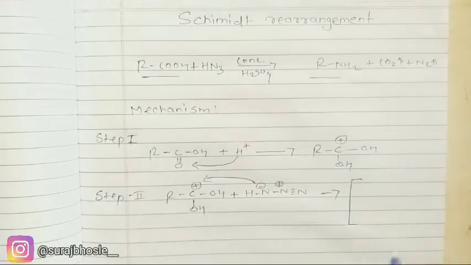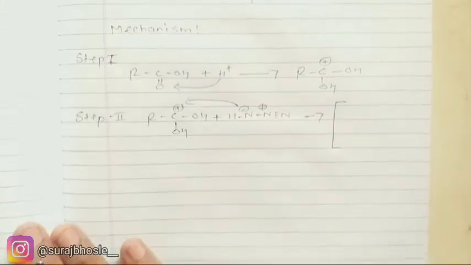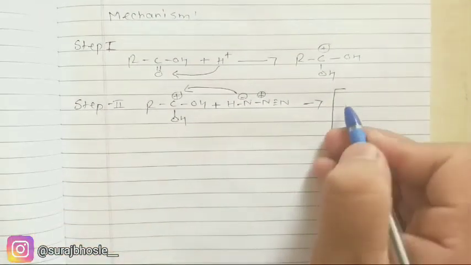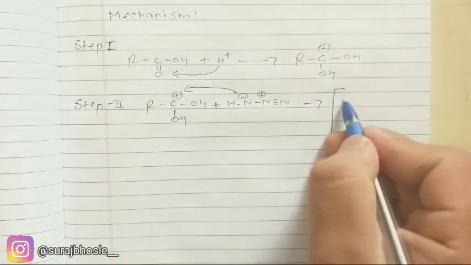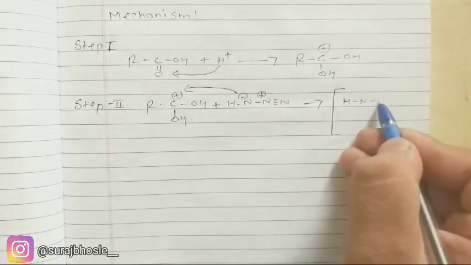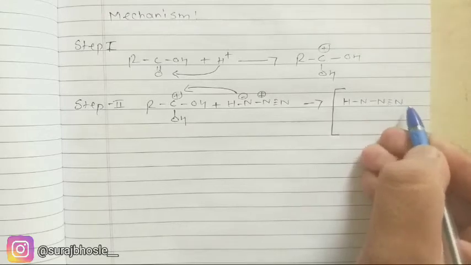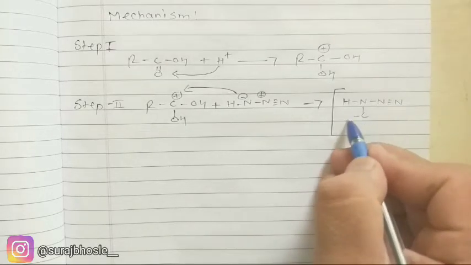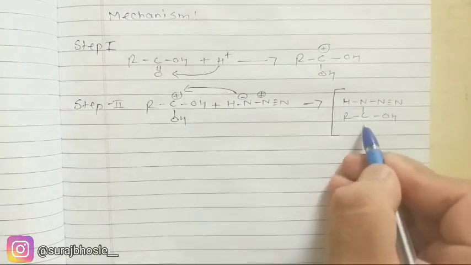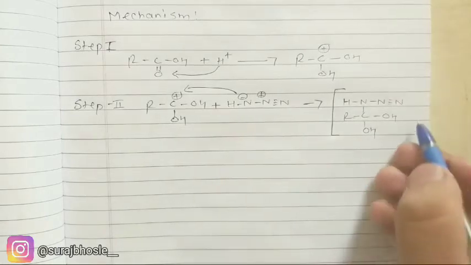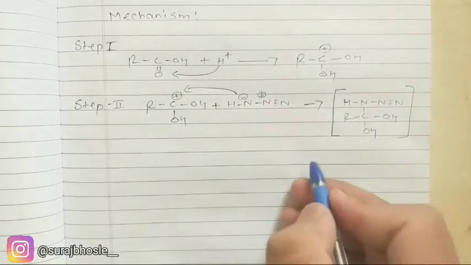So this will be our first intermediate in the mechanism of the Schmidt rearrangement reaction. The intermediate will be like this: H, N, N, N, C, R, OH, and here will be OH.